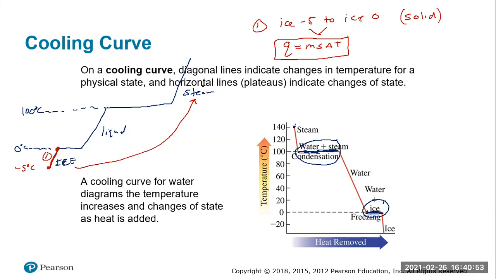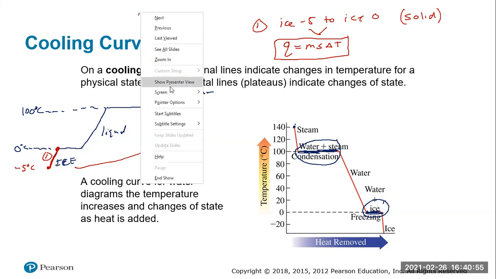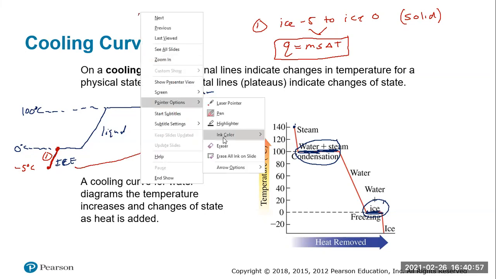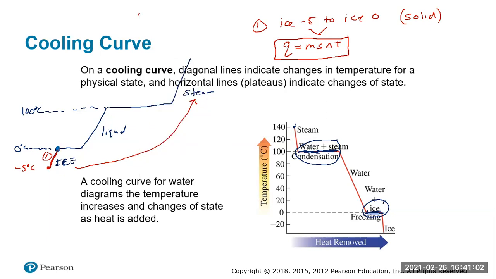The next thing that would need to occur in this case is you would now be sitting here at 0 degrees Celsius with ice. You would need to take it from 0 degrees Celsius ice to 0 degrees Celsius liquid water. This is a phase change that we just talked about.